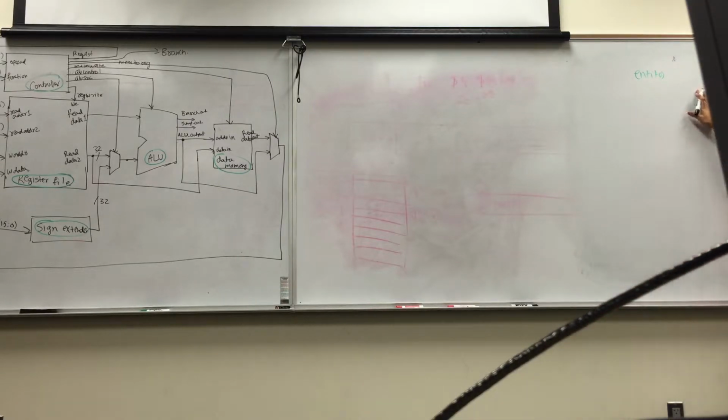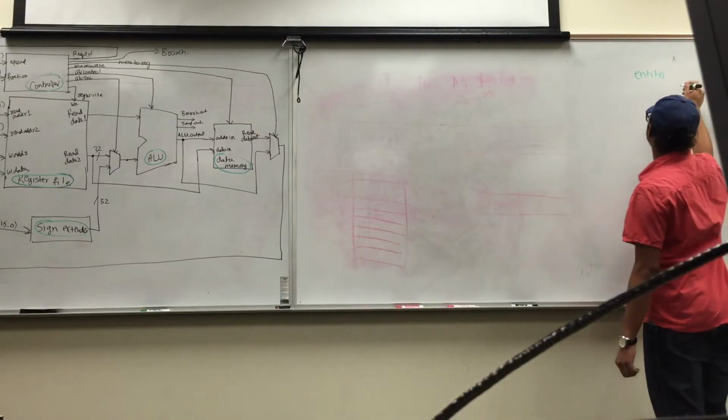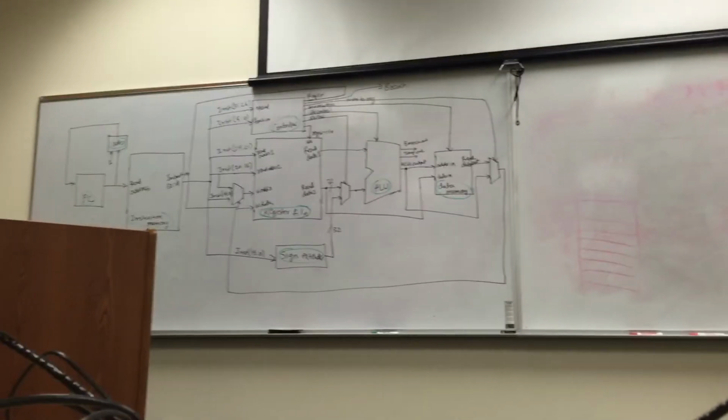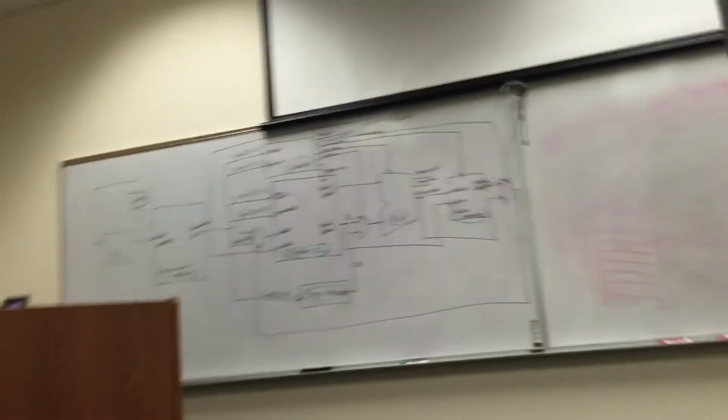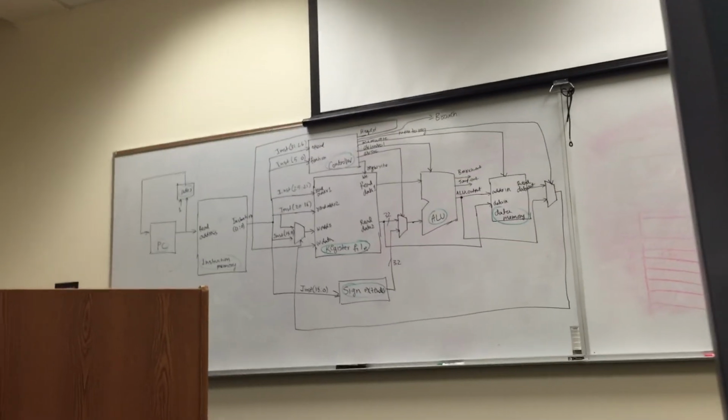What is the input and what is the output? How many inputs do you have? How many outputs? One in and one out. What's the input? Address, which is 31 down to 0, right?